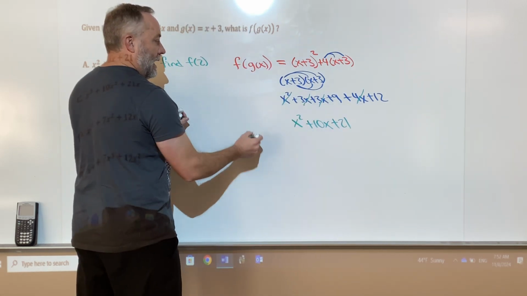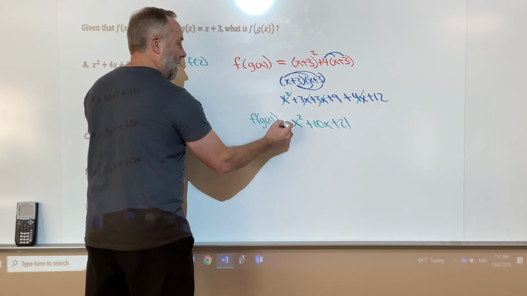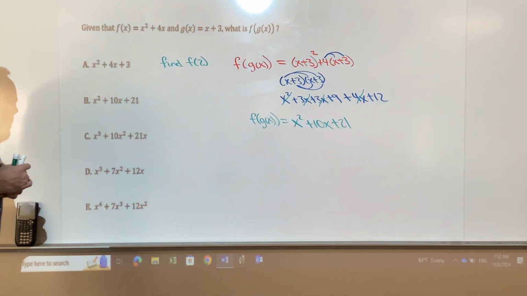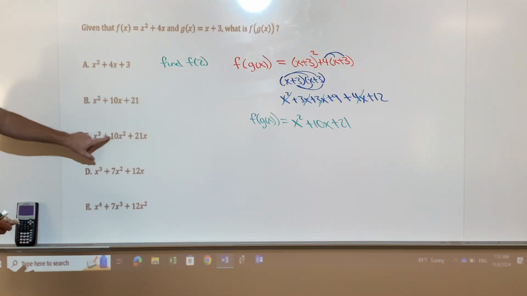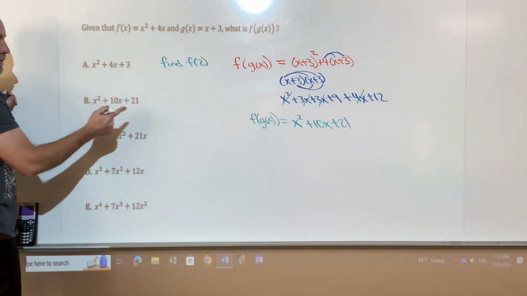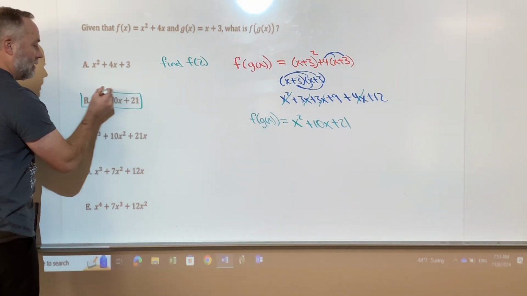We've simplified, and so now we know that f of g of x is equal to x squared plus 10x plus 21, which we can find in B and C are very similar, so make sure you choose the one with the correct exponents. It's x squared plus 10x plus 21, so our answer is found in choice B.